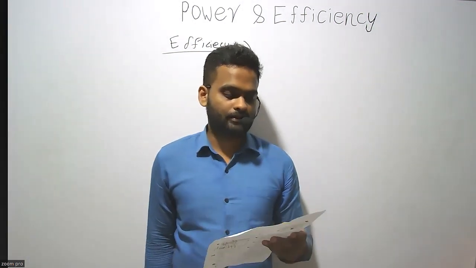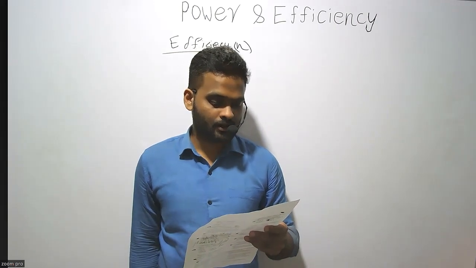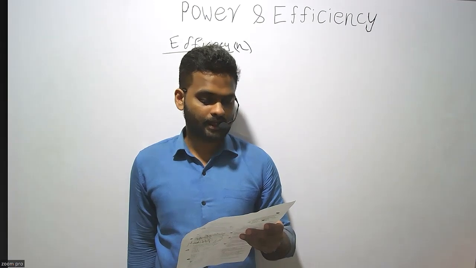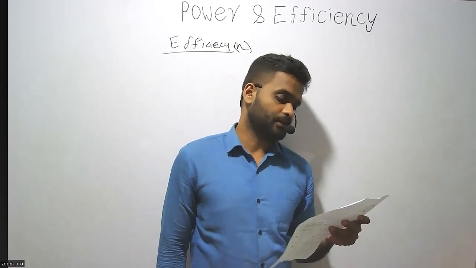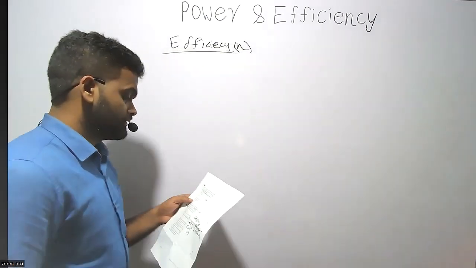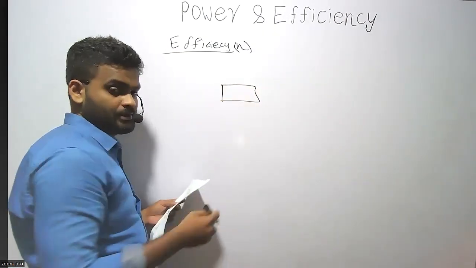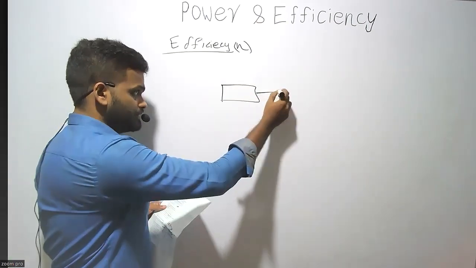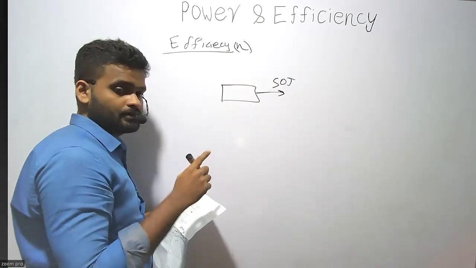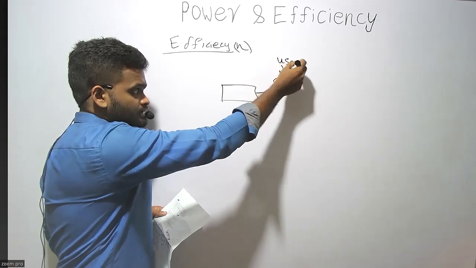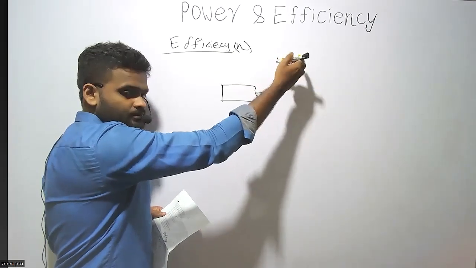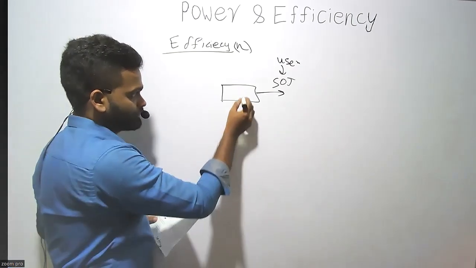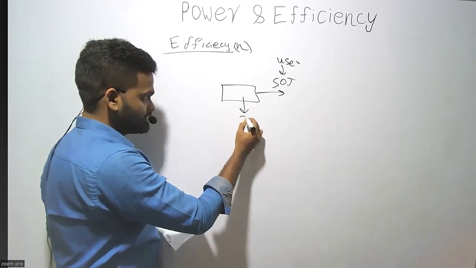Right, then we'll try the sixth question. While a machine does useful work of 50 joule, energy wastage is 30 joules. Find the efficiency of the machine. So let's say this is the machine. The machine does 50 joule of useful work. This is not input, this is the output, because it is useful work. The energy wastage is 30 joule.